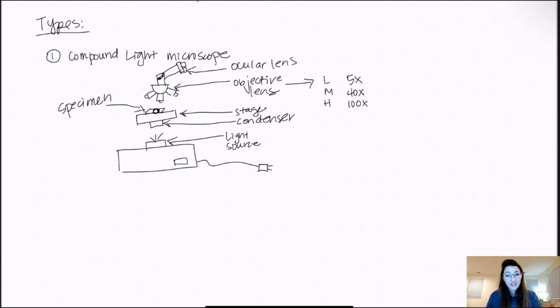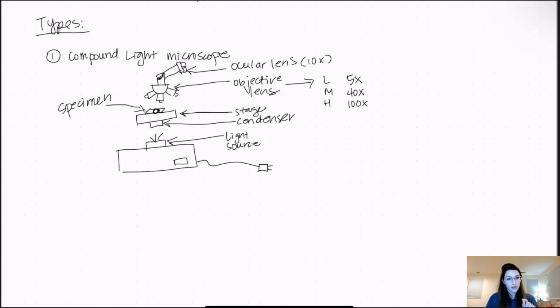The ocular lens actually has a magnification itself, 10 times bigger than we would see with our normal eyes. So the ocular lens has its own magnification plus the magnification of the objective lenses. And all of that's happening because the light source goes up through the objective lens, bouncing off that mirror to get into the ocular lens.